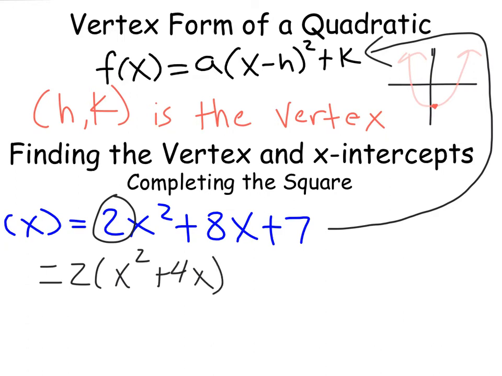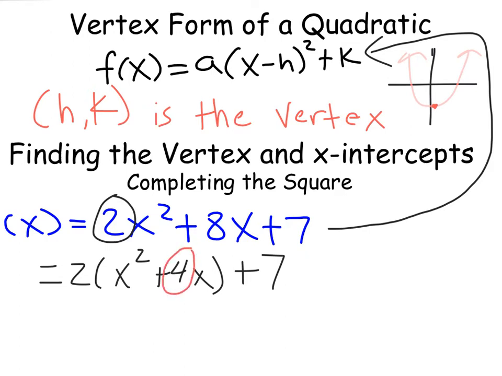Now I got to end my parentheses there, and then I can just put plus 7 because I didn't take a factor of 2 out of that 7. It wouldn't have worked out well. It's odd, it would have given me 3.5. I didn't want that.